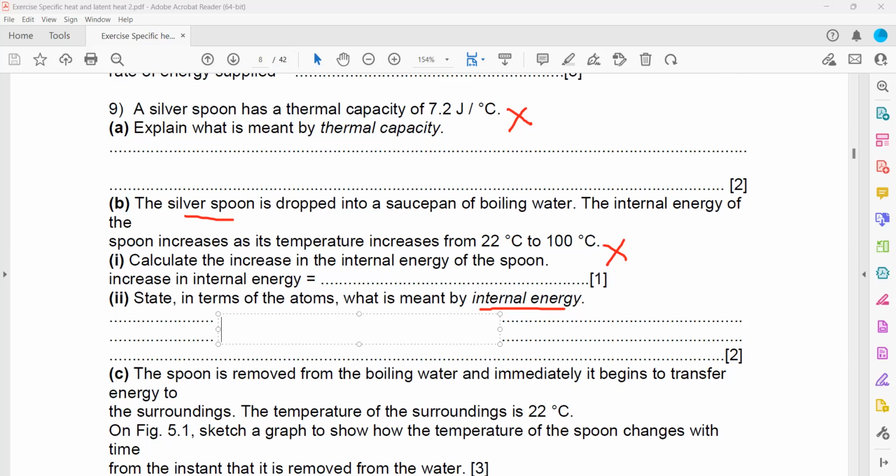When you mention the sum of kinetic and potential, 1 mark is for kinetic, 1 mark is for potential. So the sum of kinetic energy and the potential energy of the particles refers to internal energy, when we add the total energy of all the particles.